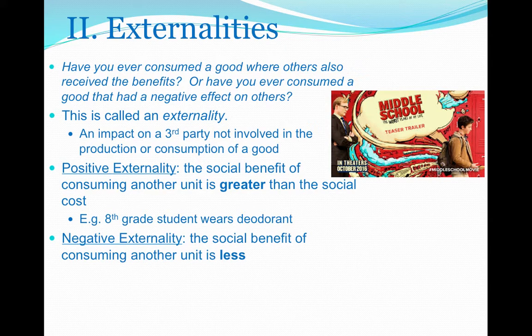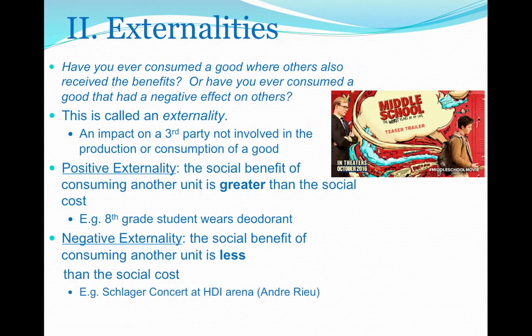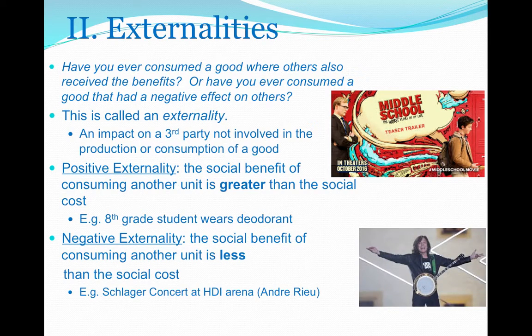There are also negative externalities. These are things that basically have negative spillover impacts. A good example would be if Jürgen Drews, famous Schlager musician, were to come to Hanover HDI Arena, which is very close to our school, and give a concert.